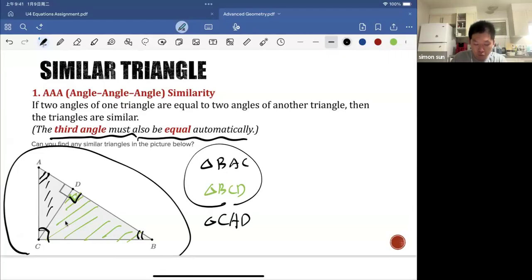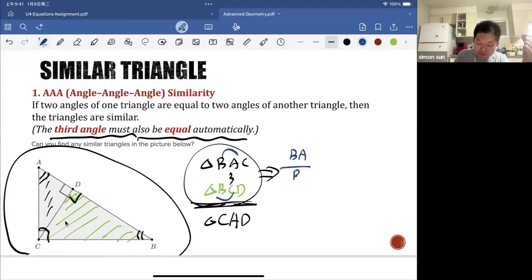Okay, take a look at the first two triangles. If we already proved those two triangles are similar, because two corresponding angles are the same, then once you prove those two triangles are similar, the corresponding sides' ratios will be the same.